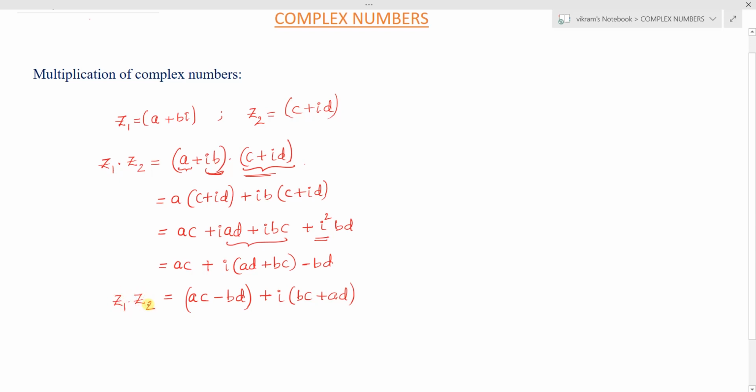For example, consider z1 equals 4 minus 3i and z2 equals minus 1 minus i.